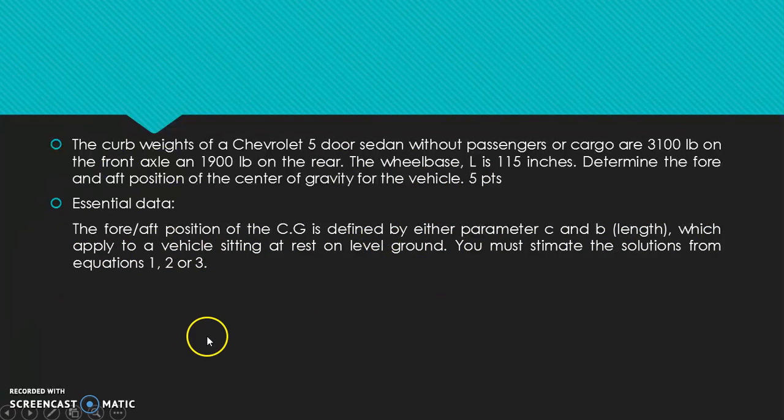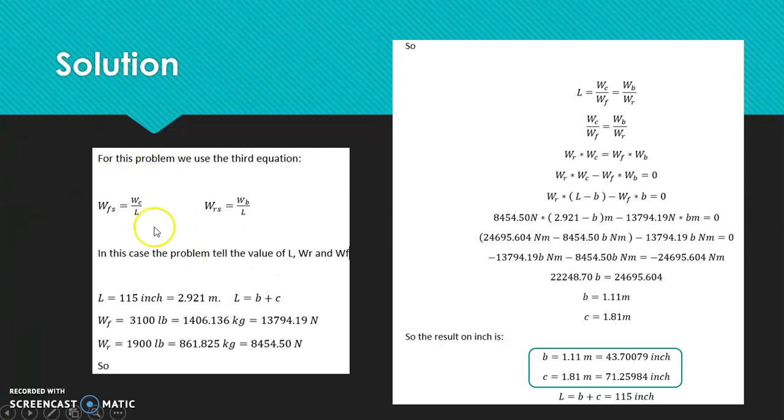We can use equation 1, 2, or 3. In this case, I use equation 3. I put the value of L, I transform that to meters, then separate in B and C the weight of front and rear. I change to kilograms and then transform to newtons.